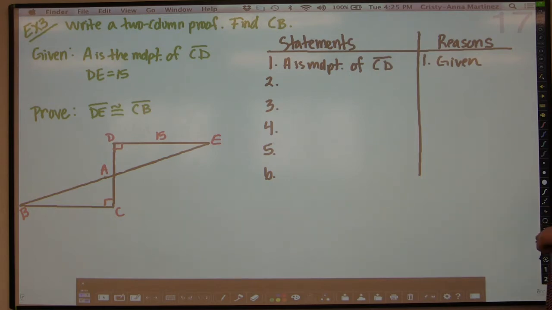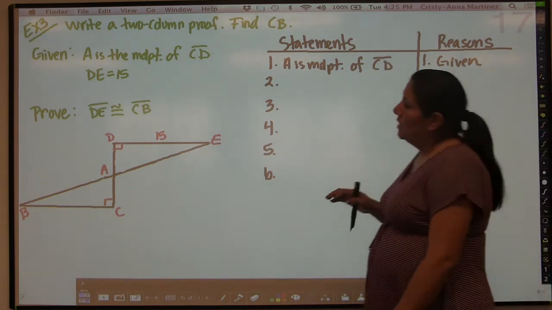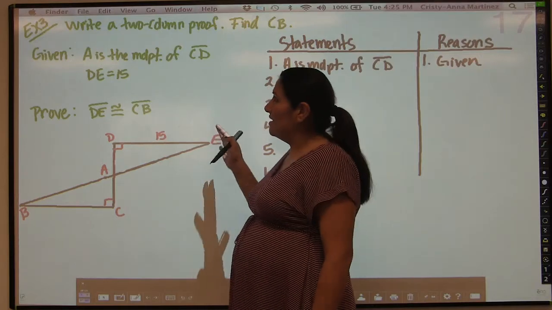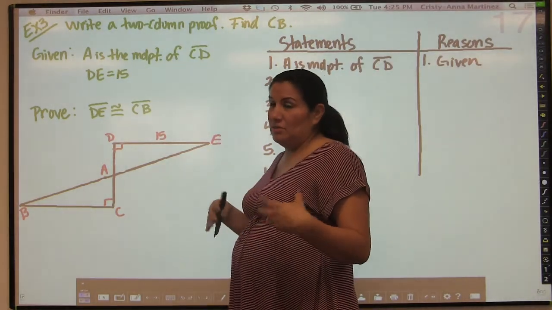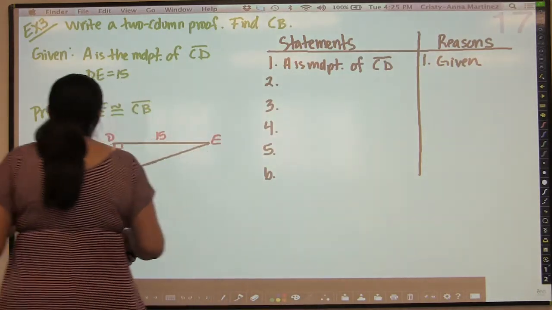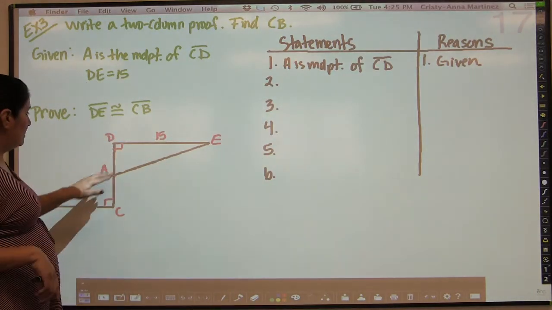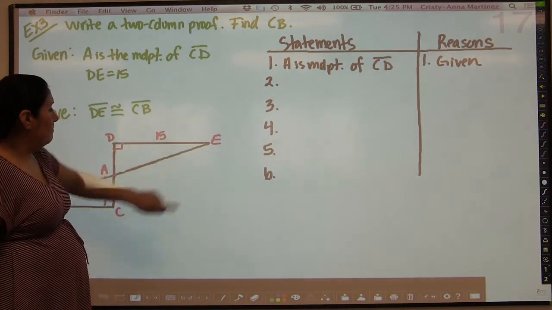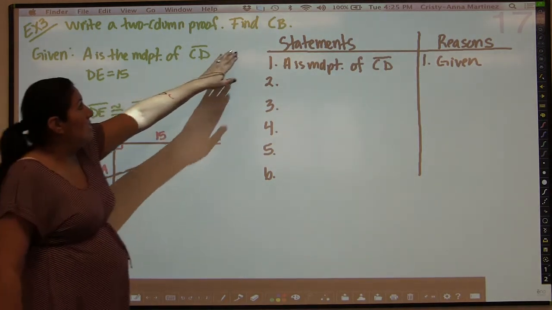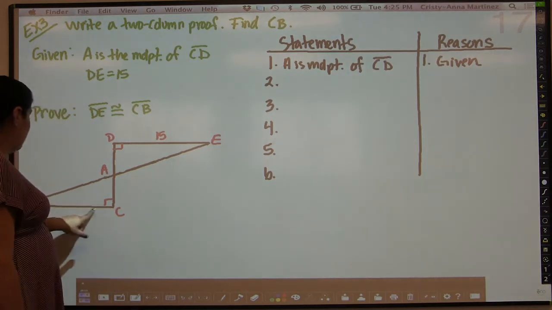All right. So notice that here, this is a word problem in your textbook, and I just extracted the information that was important. We want to prove that the two triangles here are congruent because we know that DE equals 15, and they're asking us to find BC or CB, which is this guy.